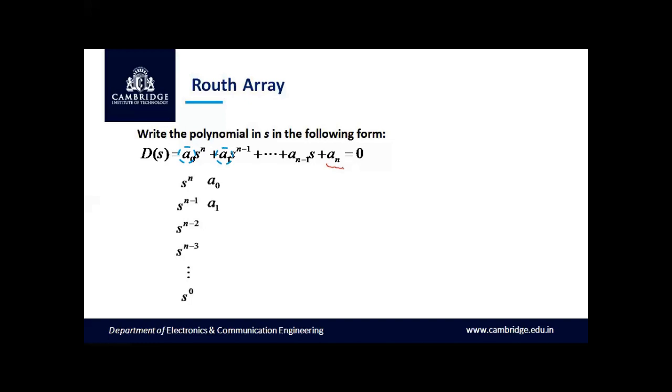Similarly, we can fill up the rest of the coefficients in the first two rows as a2. Then immediately below a2, we can write the coefficient of s to the power n minus 3 as a3, followed by a4, a5, a6, a7, and so on. And we can fill up the first two rows making use of the given polynomial following this procedure.